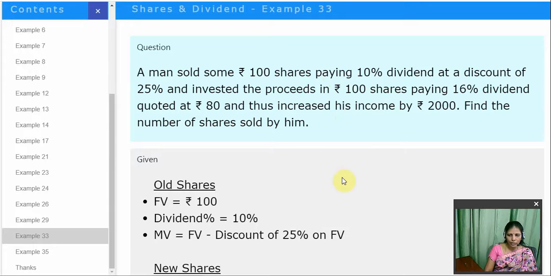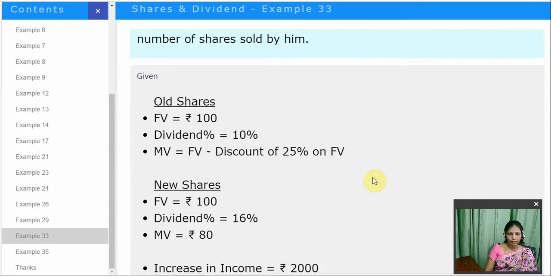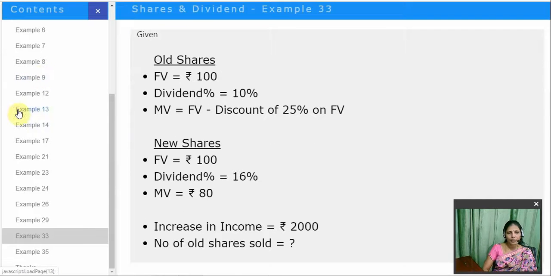Now we will come to the solution part. Here I have written old shares and new shares, because first time he is selling some shares. We don't know how many shares he is selling, so I wrote old shares. For that, the face value is 100, dividend percentage is 10%, and he is selling at a discount of 25%, so face value minus discount of 25% on face value.